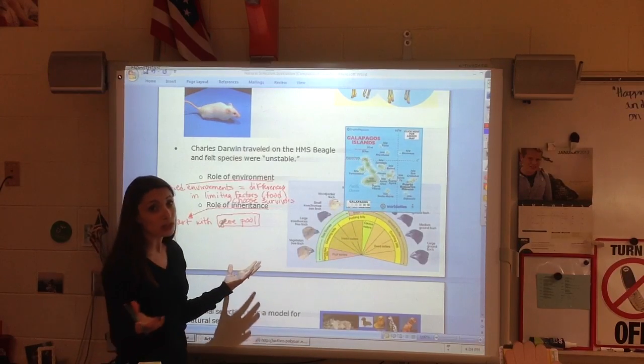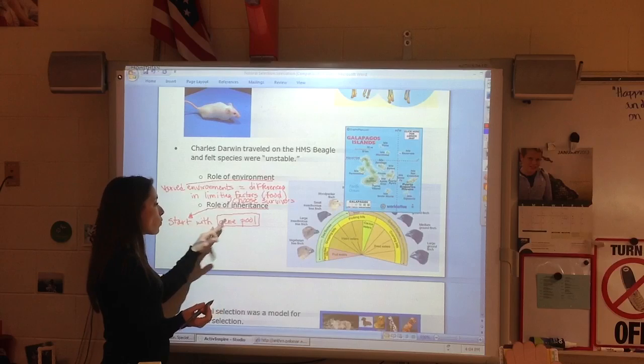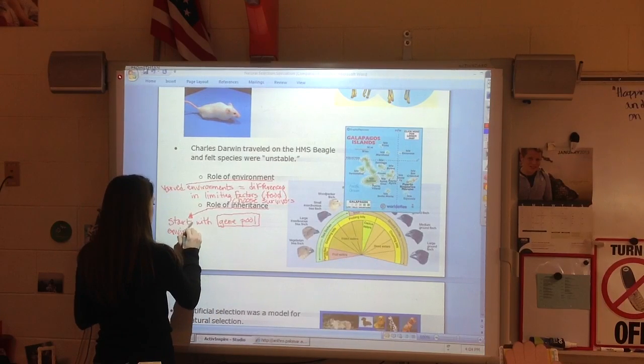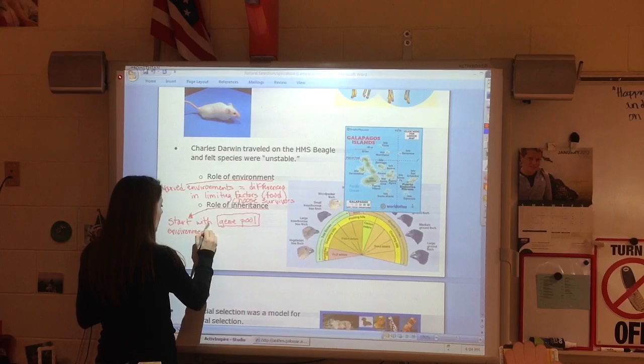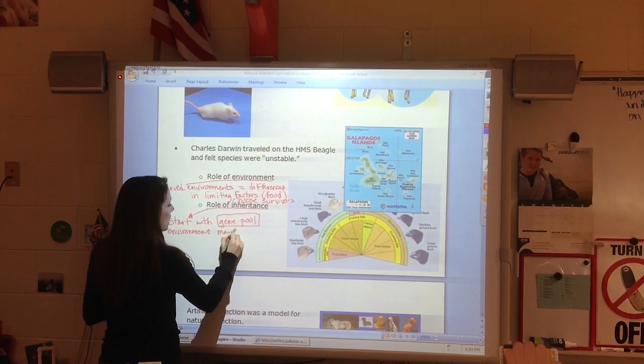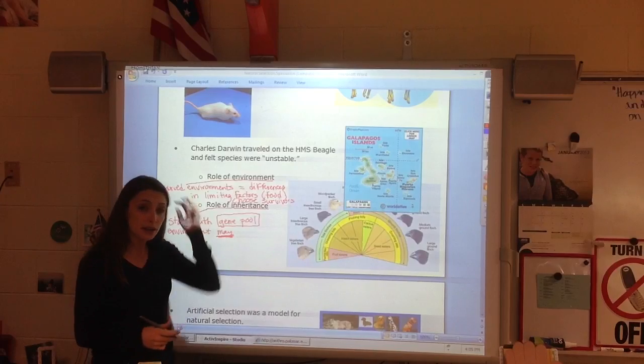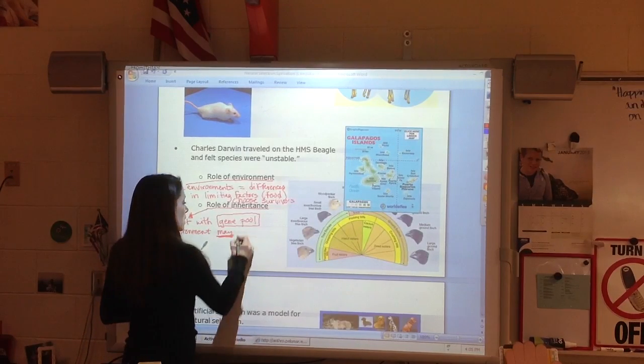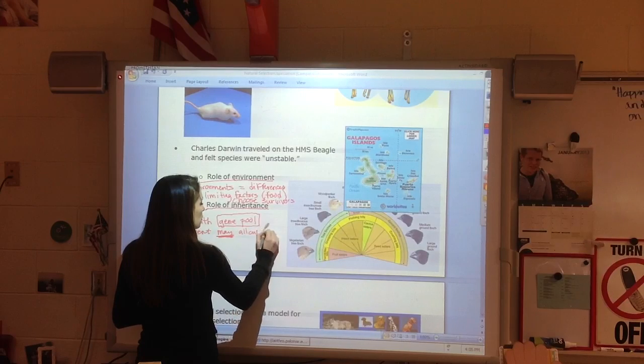Where am I starting to collect my data? And once we have that gene pool, the environment may, and I'm going to really underline may, because sometimes it doesn't have an effect, depending on the trait that we're looking for, the environment may allow some to survive better.